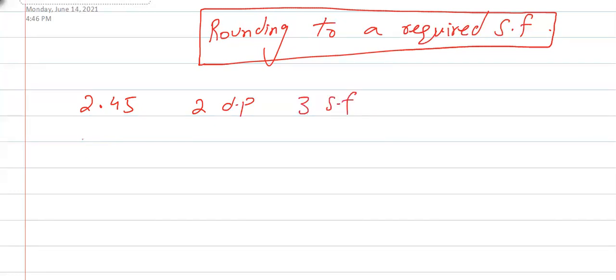In this case, we can say like 4,000. How many decimal places are there? 0 decimal places, because there is no decimal. So I can say 0 decimal places. And how many significant figures are there? 1 SF. 1 significant figure, because ending zeros are not significant. Okay, I'm writing another number.